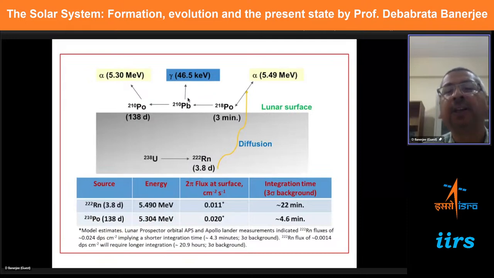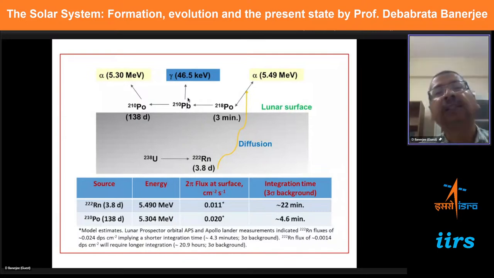It's a gas, it's a volatile, it diffuses, and then some of it will escape, and then it decays to polonium-210, and then it gives that alpha particle, which you see there, and then to lead-210, through a few other decays, and then further down the chain, after a beta decay, you have polonium-210, right? So you have 5.3 MeV alpha, 5.49 MeV alpha, and 46.5 keV.